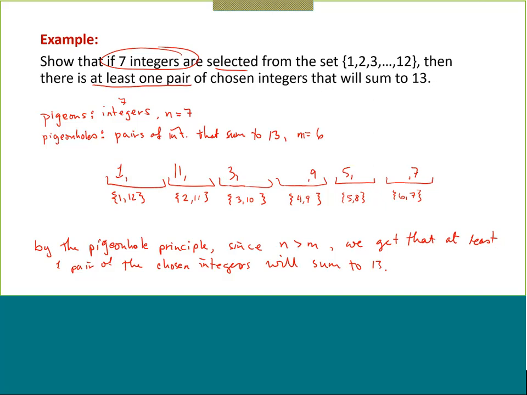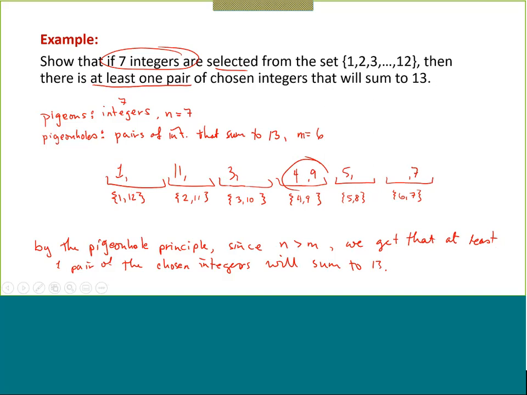Now, at this point, we've picked 6 numbers from the integers 1 through 12. We semi-randomly selected them, and it doesn't matter which pair of these numbers you pick, none of them are going to sum up to 13. But as soon as you pick that 7th integer, and one of you said 4, because we picked the 4, that one is going to match with the 9 we already selected, and here would be our pair of integers that actually sum up to 13.